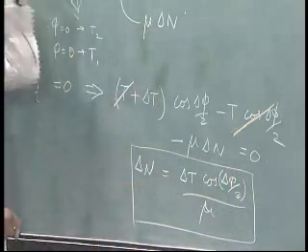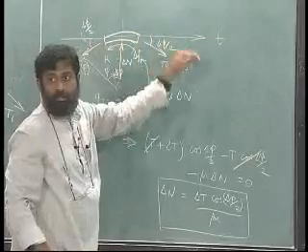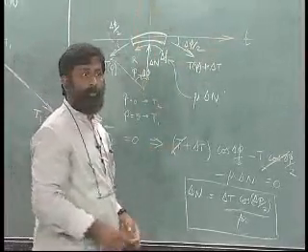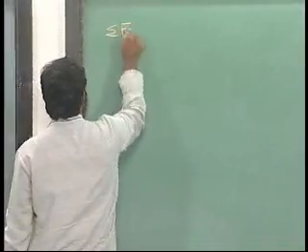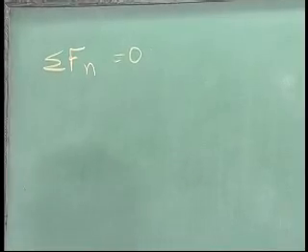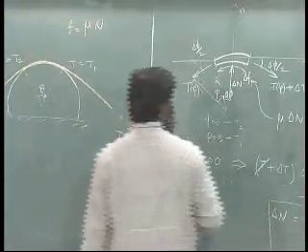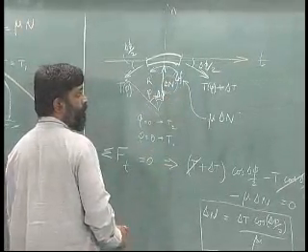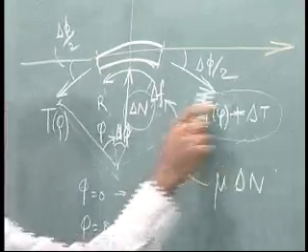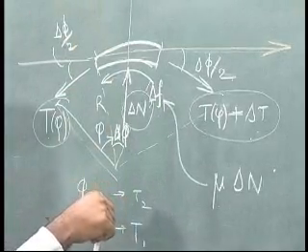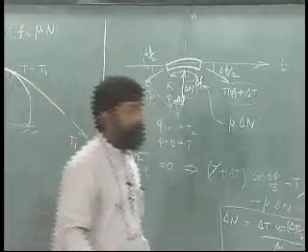How did we get this? We took the tangential equilibrium. Now, we will resort to normal or radial equilibrium. So, sigma F along the n direction is equal to 0. The components of these two tensions along the normal direction will play a role.